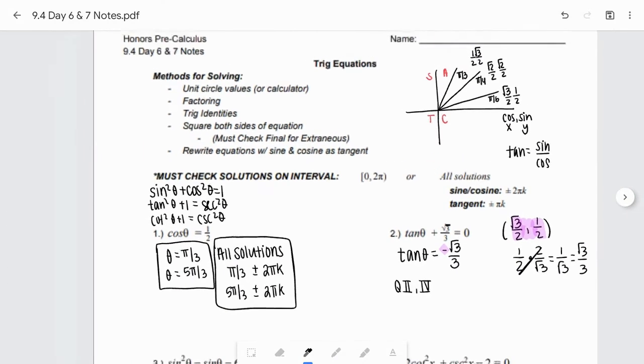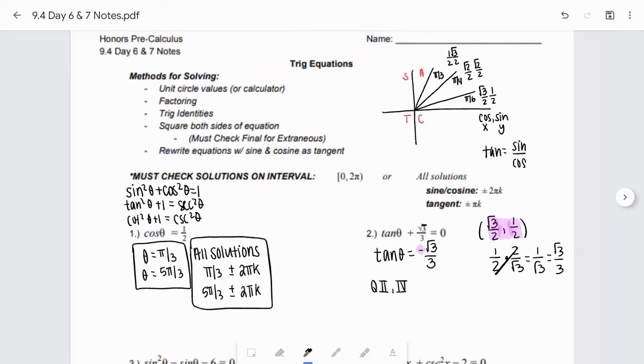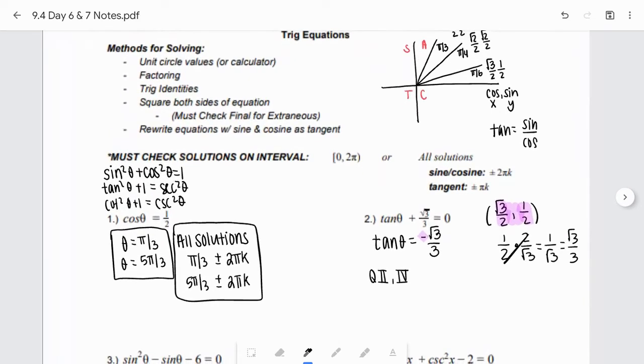Okay, so root 3 over 2, 1/2 occurs at pi over 6, but I need one of the coordinates to be negative, not both. Okay, so that is going to happen in quadrant 2 at 5 pi over 6, and also in quadrant 4 at 11 pi over 6.